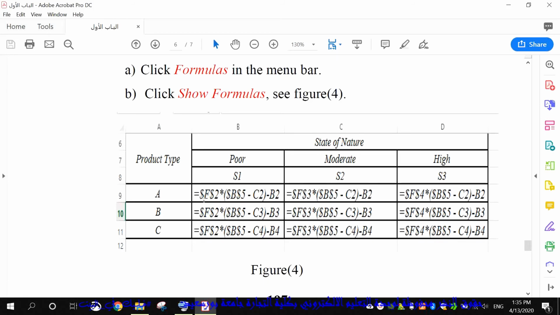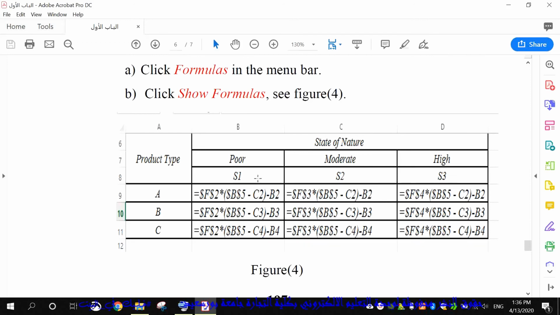Remember here that for product B, the number of units in case of poor is still in F2. In case of poor, for the products A, B, C, it is still F2. The poor number of units produced is still written in F2, and the sales price is still in B5.